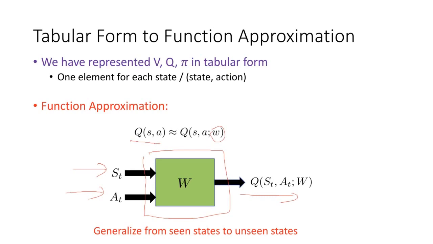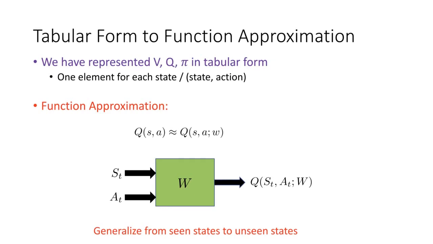Intuitively, what is happening? This is essentially true for supervised learning. If you are using a neural network, what we are trying to do is somehow generalize the system from seen states to unseen states, right? So once you are using the data generated by the algorithm, you are fitting a function, and that function is defined for each and every state of the system.